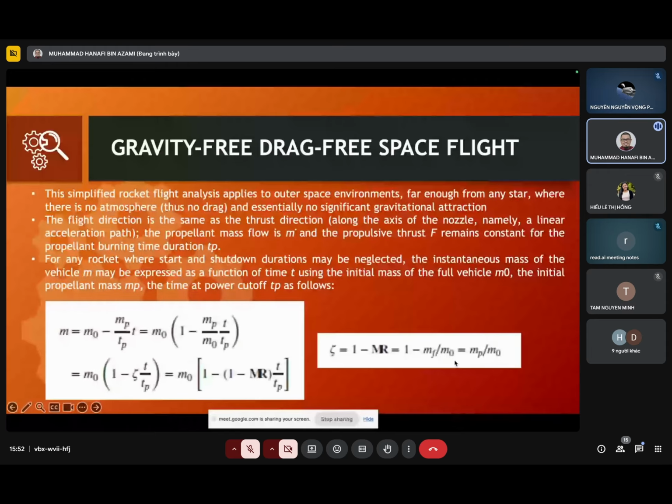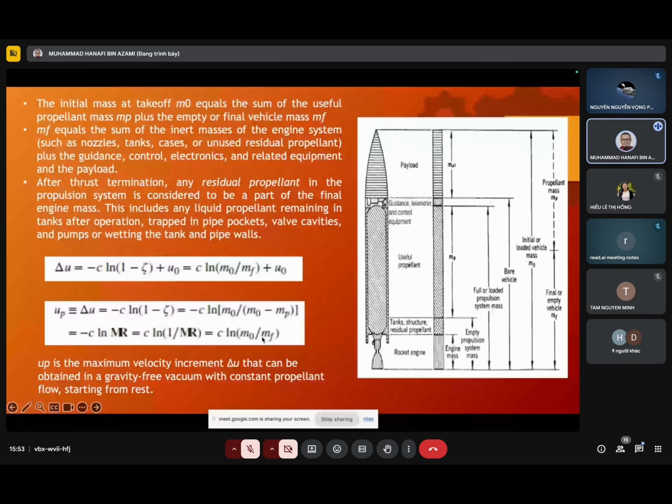So you can have it like this, or if you want to remove the negative sign, you are going to have 1 over mr, mass ratio. So this is the maximum speed, the maximum increment.